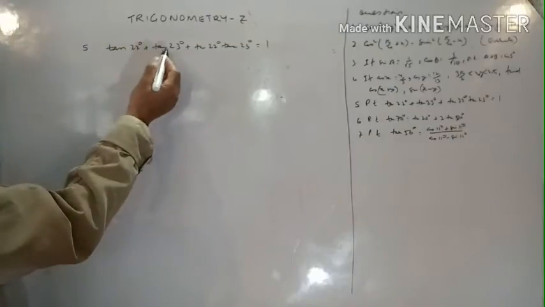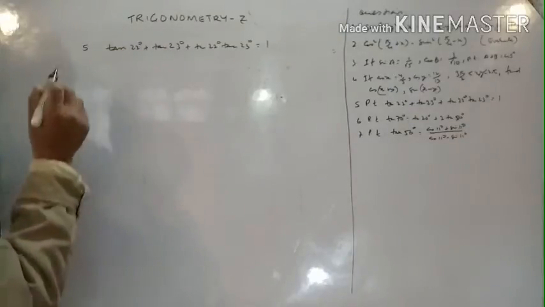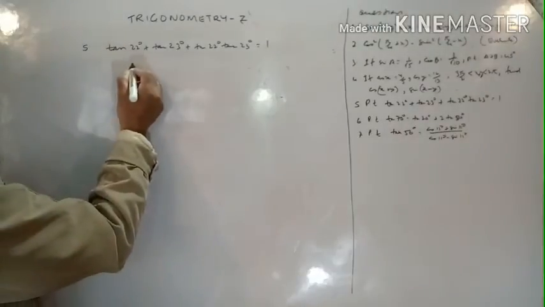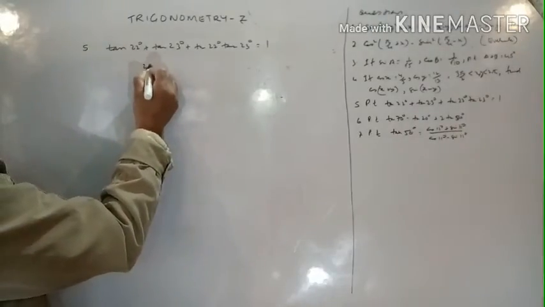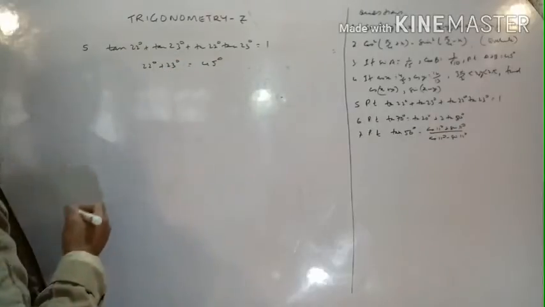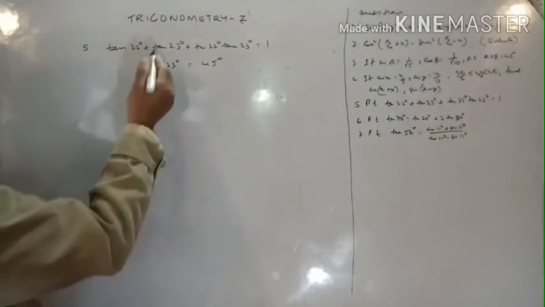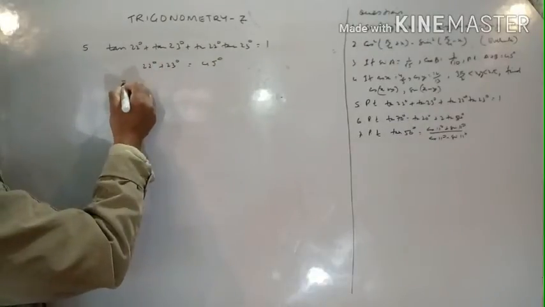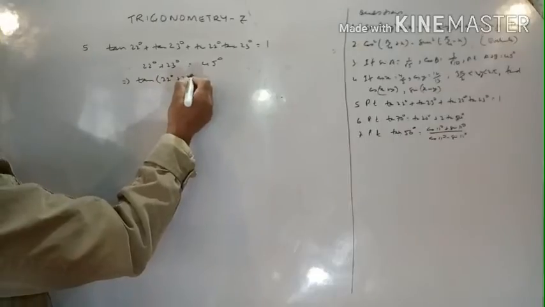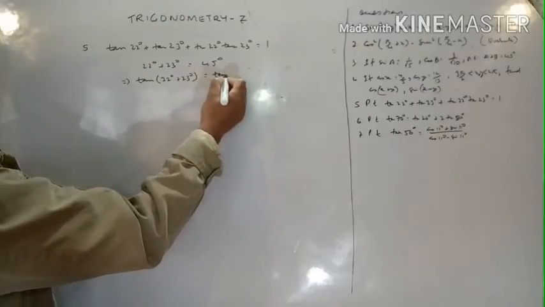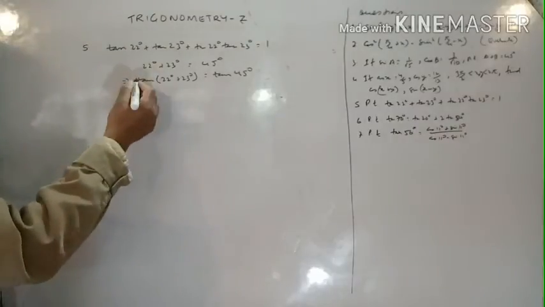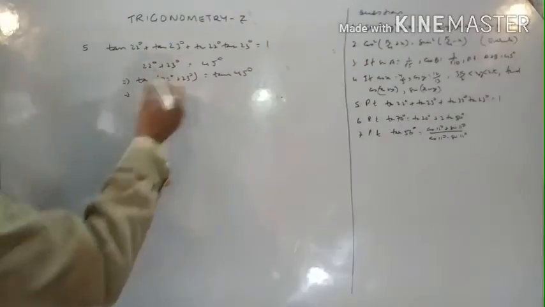Here two angles are involved, 22 and 23. We know the sum of 22 and 23 is 45 degree, so we take this relation. Therefore 22 degree plus 23 degree equals 45 degree. Since the ratio involved is tan, we take tan of both sides. So we take tan of 22 degree plus 23 degree equal to tan 45 degree. Now this is in the form of tan A plus B.